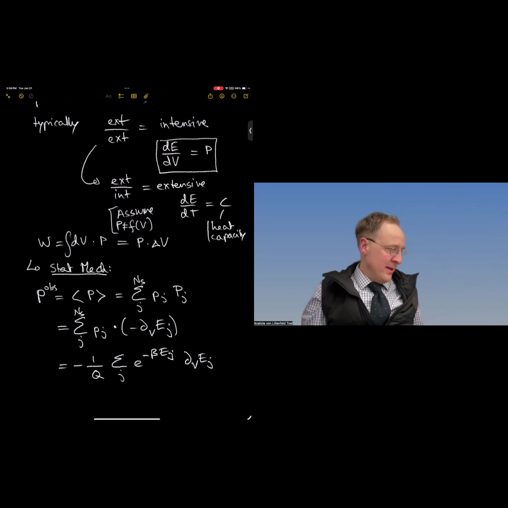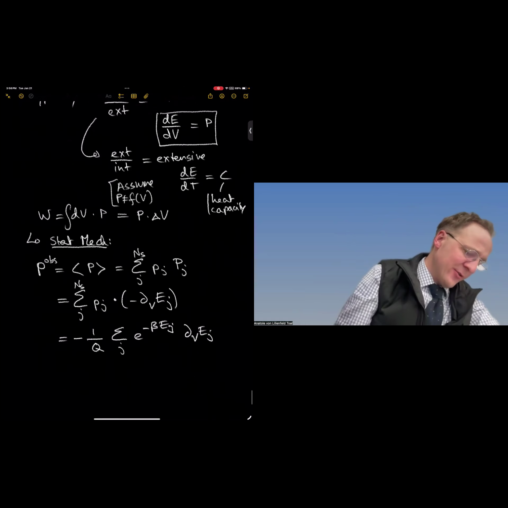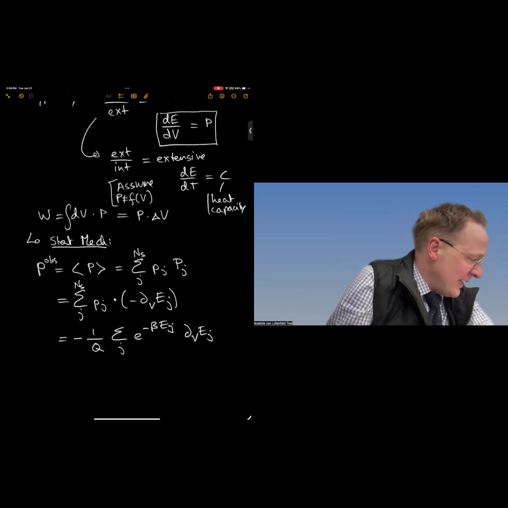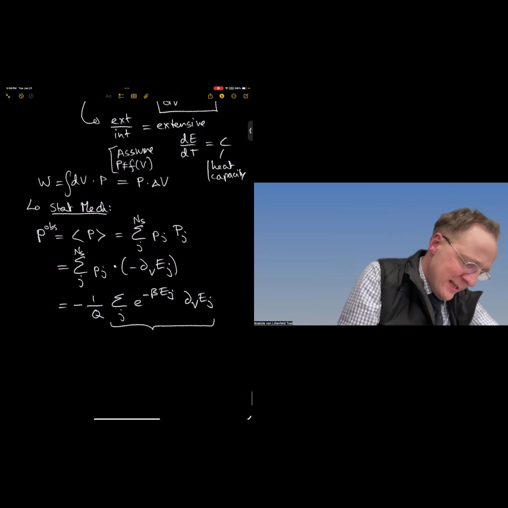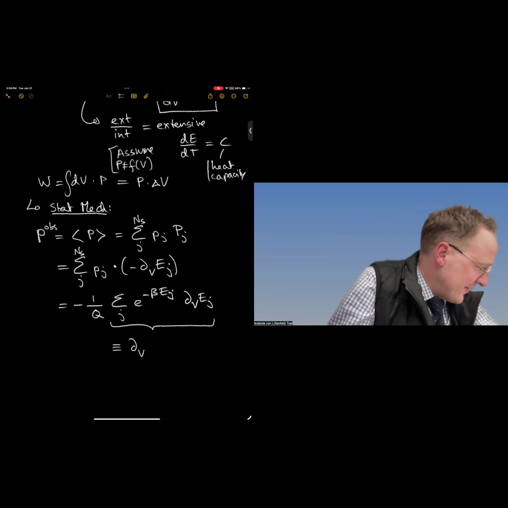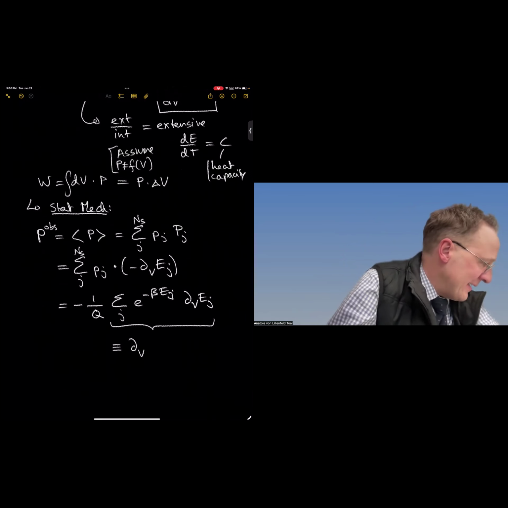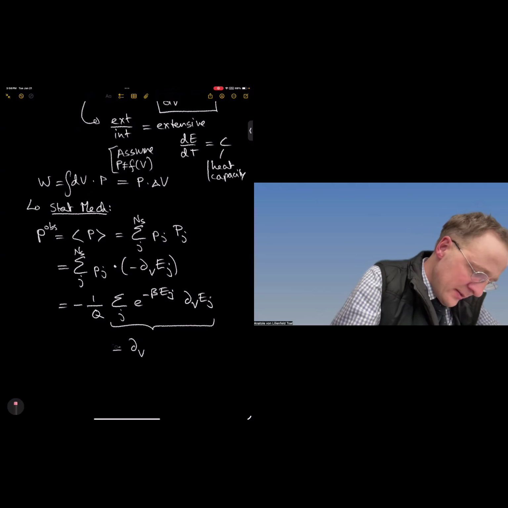Now, again, I can do my trick with the chain rule, and I can see that this expression here is identical with pulling my derivative, my differential operator, in front of the summation symbol.